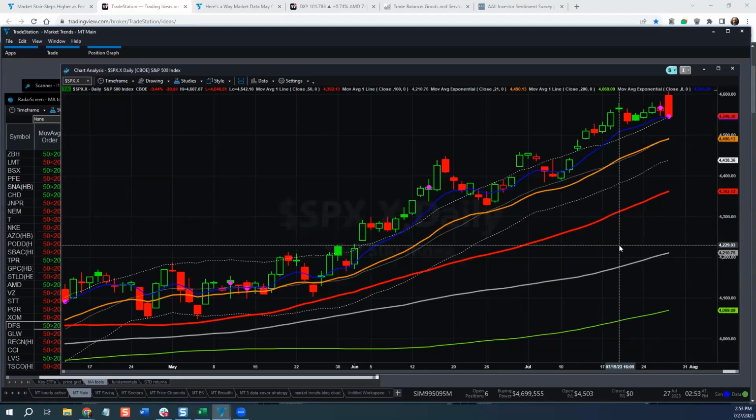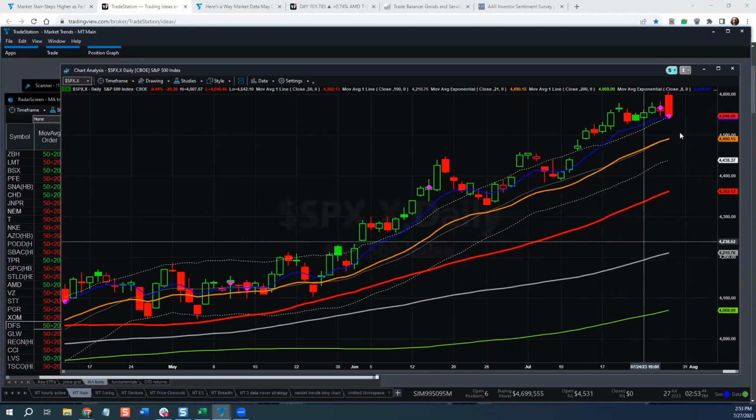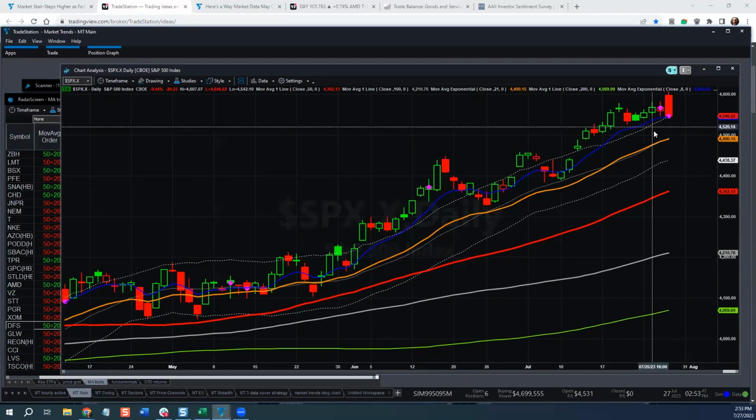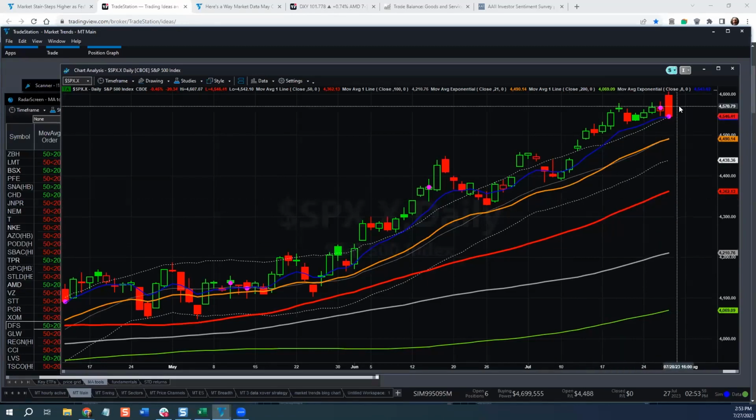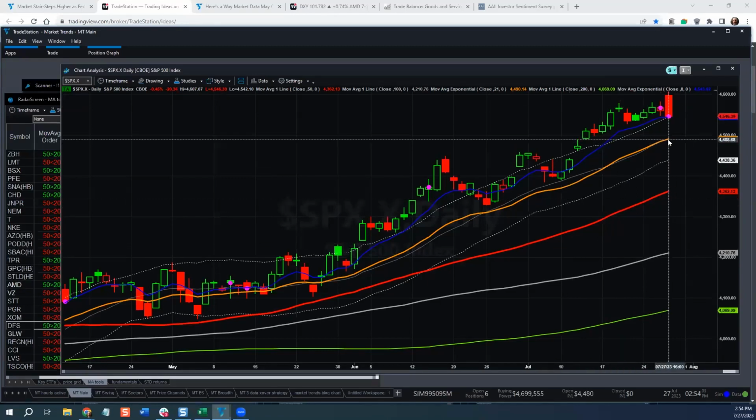I don't have time to get into different moving averages, but I think a little bit more to the downside, people are going to look for some other moving averages that give relevance. They're going to be looking for something, probably even holding above the 21-day.